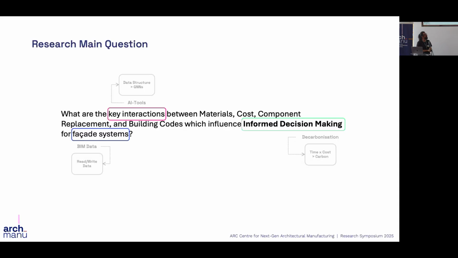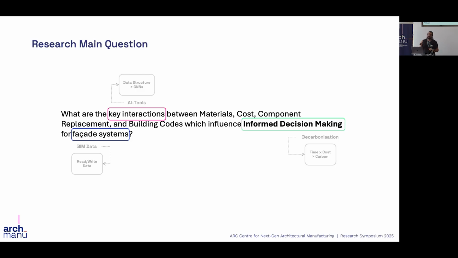The big question for this research is: what are the key interactions between those elements that I just discussed, and how can we consider them towards informed decision making? Decarbonizing AEC is really huge, but we can't control everything inside the facade system.